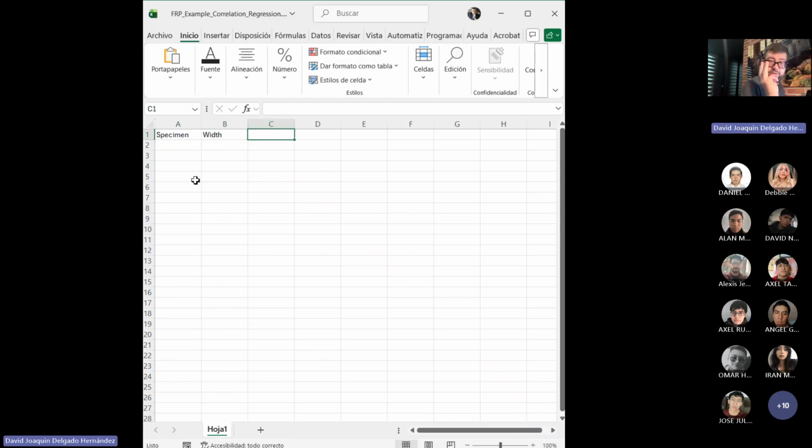Then in the third column, I am going to play with the height. The next variable is going to be the water cement relation. And I am going to add a variable which is related with an additive.